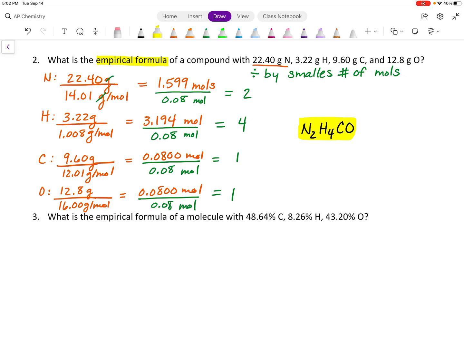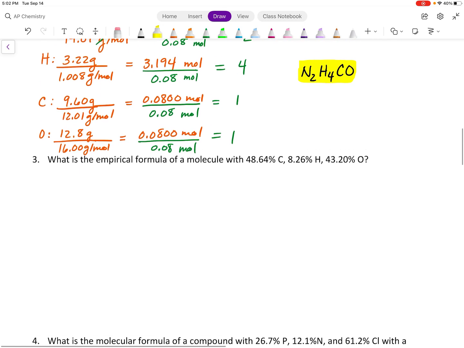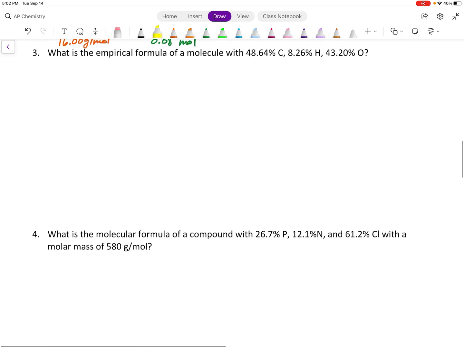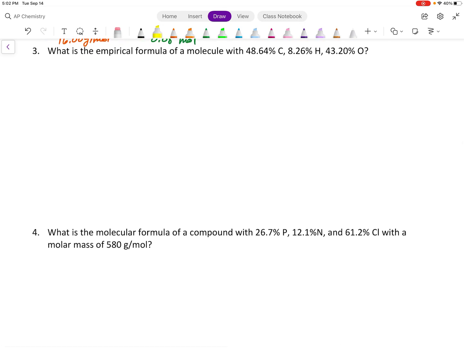Now, sometimes we're given data values that are given to us in percent instead of moles. And in order to be able to do this, we're going to make an assumption. So we're going to assume a 100-gram sample. And if that's the case, then those percentages actually would be considered to be grams.